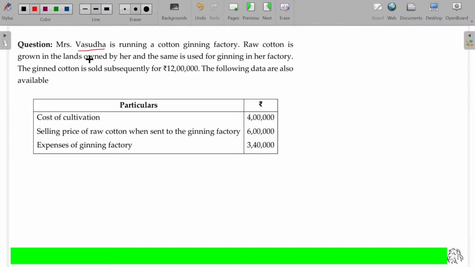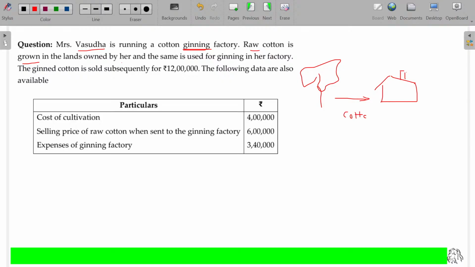Mrs. Vasudha is running a cotton ginning factory. The raw cotton is grown on lands owned by her. From the plant, cotton is grown and taken to the factory, where it will be converted into the final product.